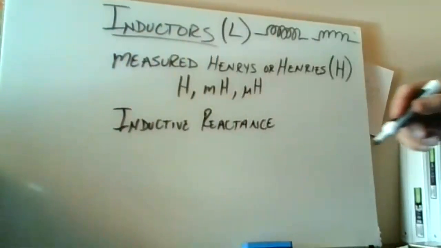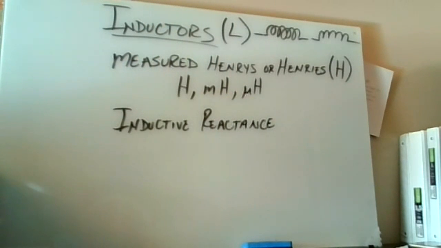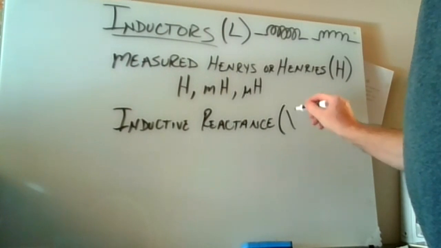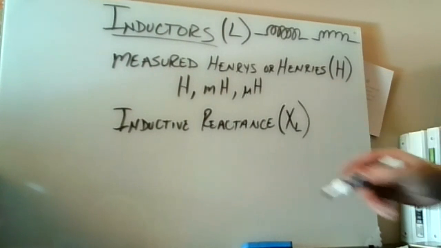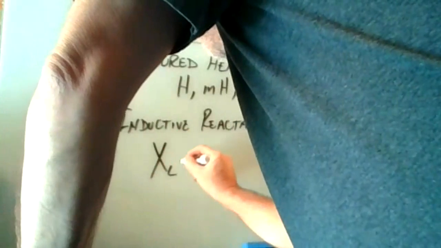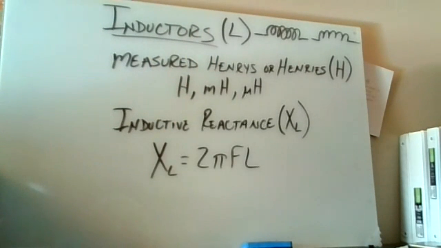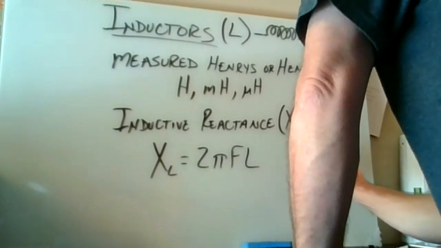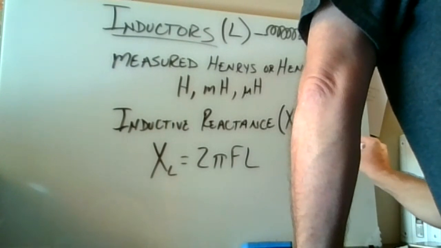So if capacitive reactance was X of C, guess what inductive reactance is? X of L, because L is my inductor, so it's X of L. This one's a little bit easier. X of L is equal to 2 pi f L. No dividing, just multiply. So again, let's use our 2 kilohertz.